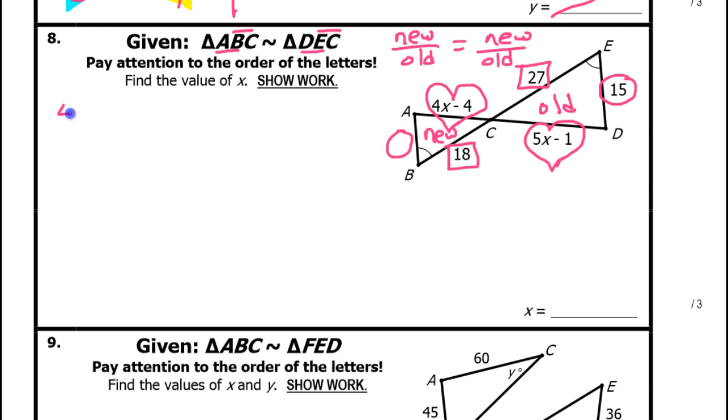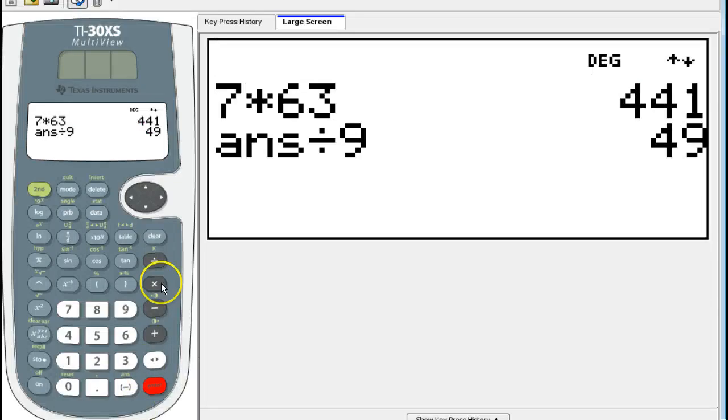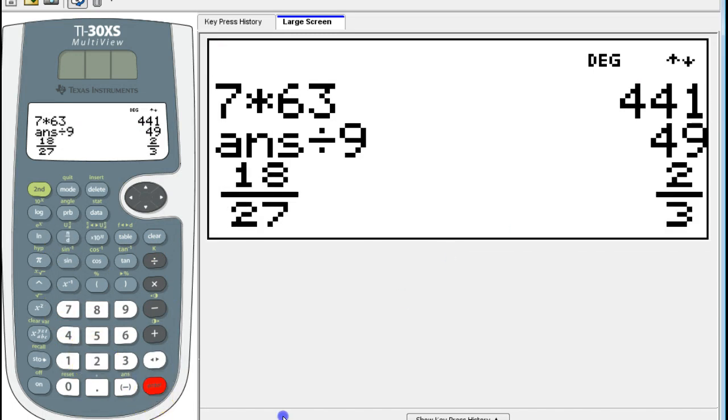So that's going to give me 4x minus 4 over 5x minus 1. Okay, matching up the hearts. And then now I'm going to do the boxes. New over old, so 18 over 27. I like to reduce these. So that's 2/3.